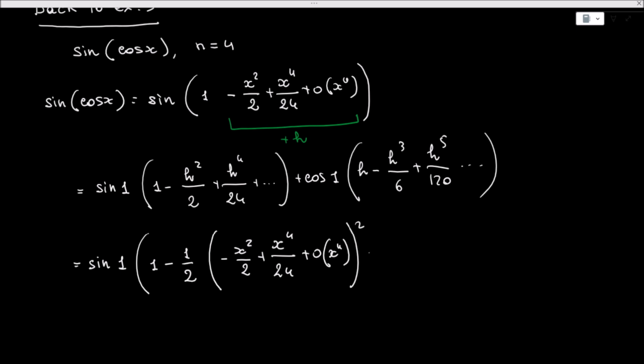And then we need to take 1 over 24. We need to consider the same h, all raised to the 4th power plus little o of x to the 4th.